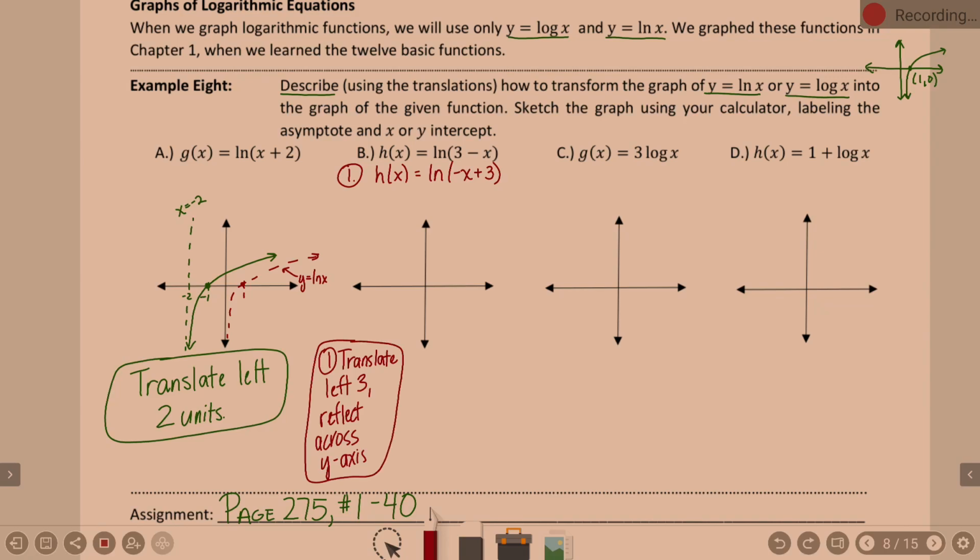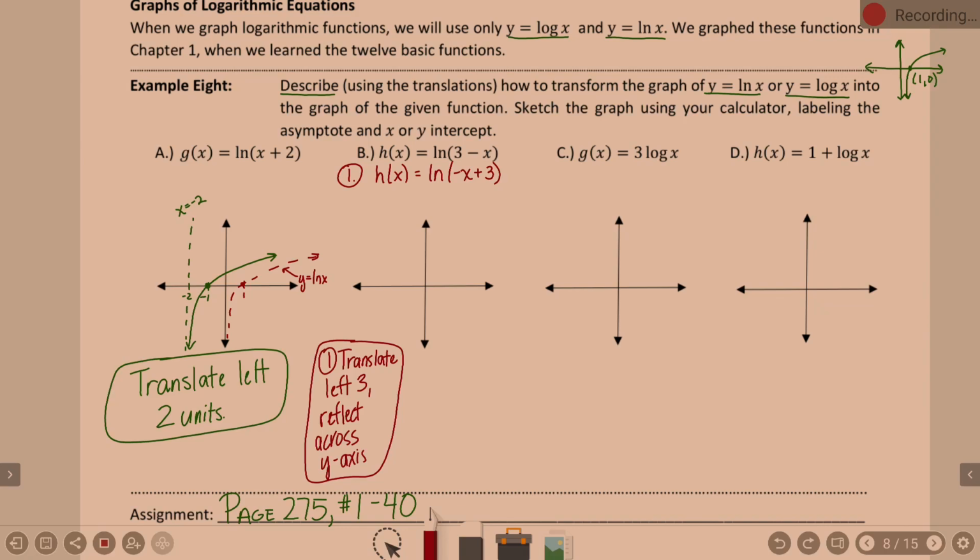Now, here's my shortcut. Logan was questioning which reflection is which. I look at it as when the negative sign is on the x, it's a reflection across the other axis, the y-axis.